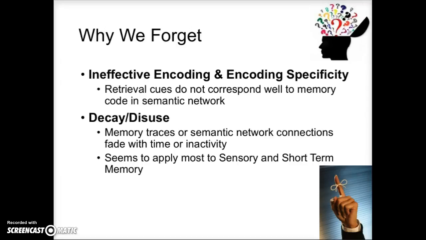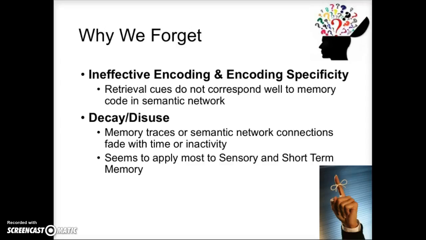Now, some memories are lost due to decay or disuse. Memories are stored biologically, and we know from chapter 3, the biological bases of behavior, that if a particular neural pathway isn't exercised or activated, it tends to shrivel and atrophy and get pruned, making it harder to find those memories.